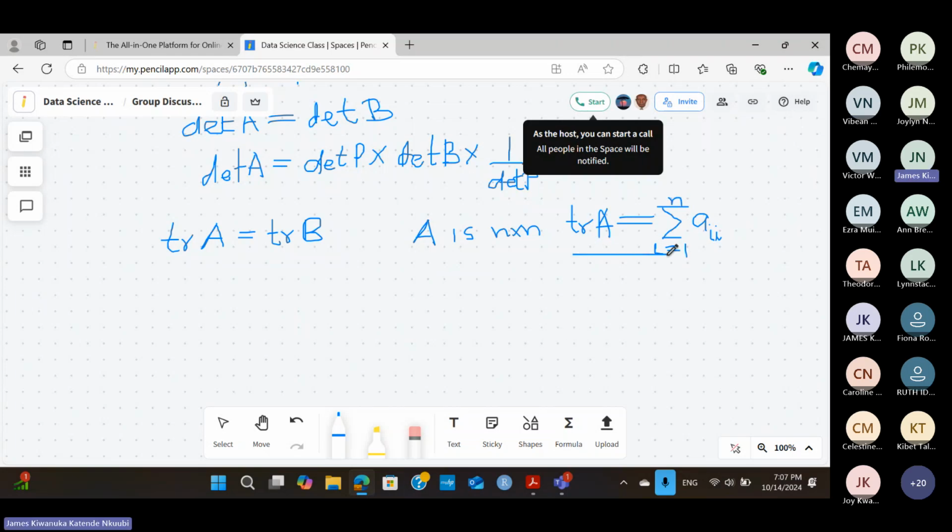So this gives you the trace of a matrix. You just sum the elements in the leading diagonal. So for example, if I have 2, 1, 1, 4, the trace of this matrix will be what? If this is A, what will be the trace of A?